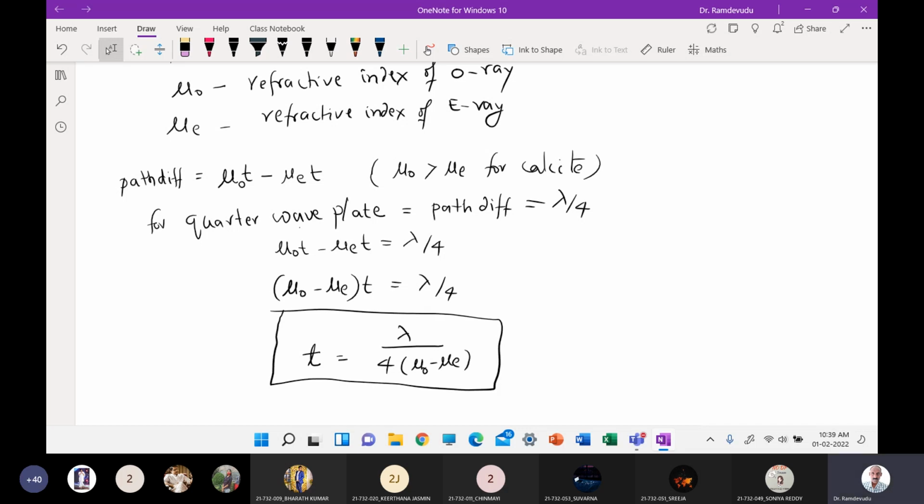Based on this you can do a lot of numericals. So I stop here, but can anyone tell me what is the thickness of a half wave plate by using the same procedure?